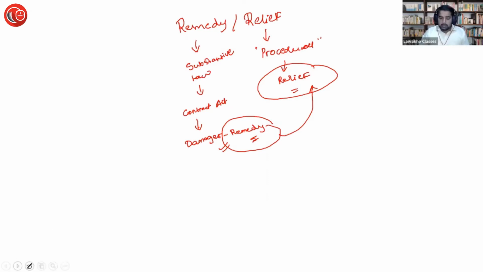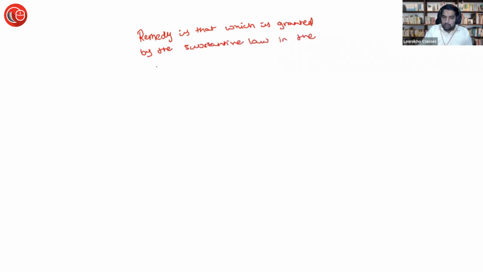So you can say that remedy is that which is granted by the substantive law in case of violation of legal right. ठीक है?